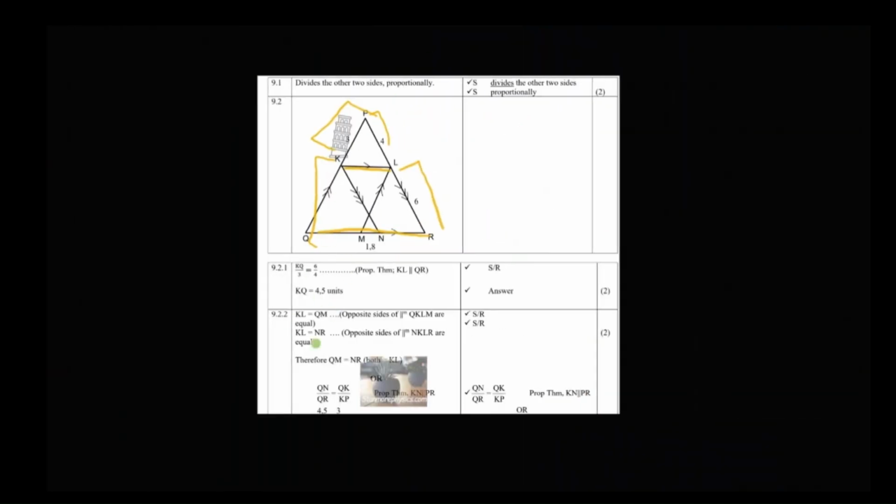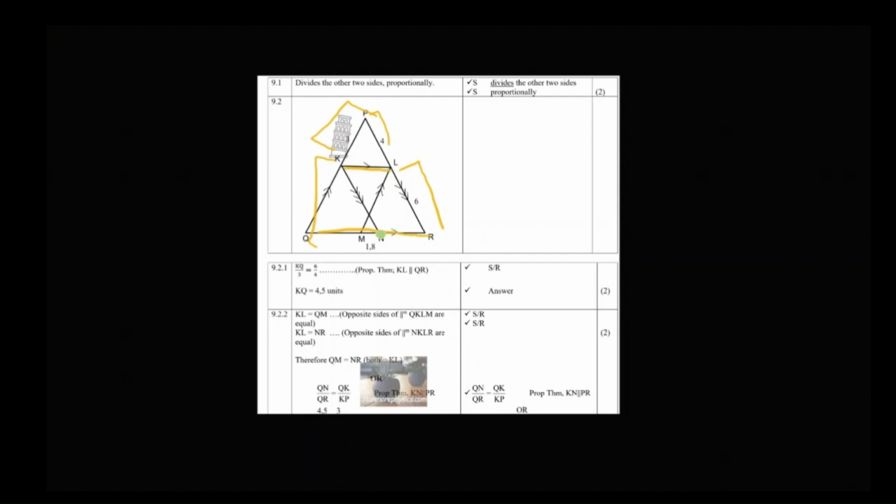So what you want to say is you first want to say that KL, right over here, KL equals QM, and you have to state the fact that opposite sides of the parallelogram QKLM are equal. Then, just like I proved previously, we already proved that KL is also equal to NR, right? Because the opposite sides of the parallelogram NKLR are equal.